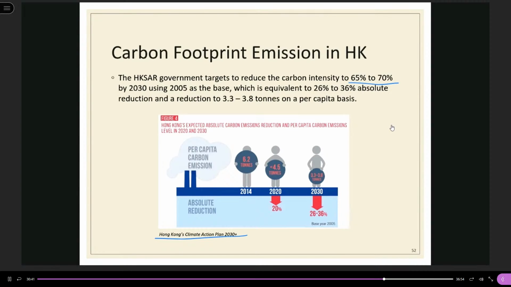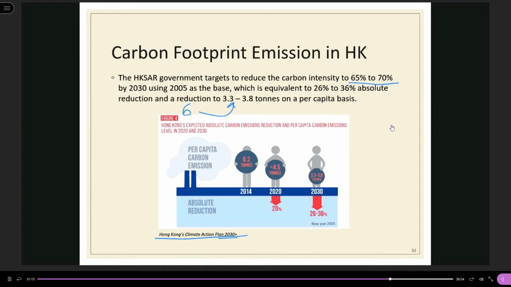Because China has joined the Paris Agreement, the Paris Agreement also applies to Hong Kong, so we need to set targets. The target is to reduce 65% to 70% of the carbon footprint. It means we will reduce our carbon footprint from around 6 to 3.3 to 3.8 tons per capita.